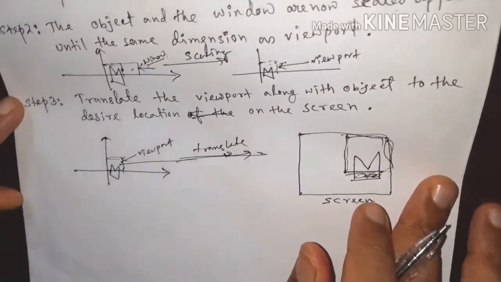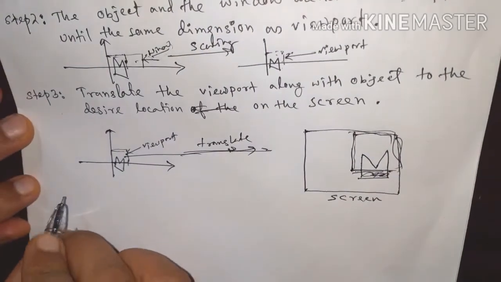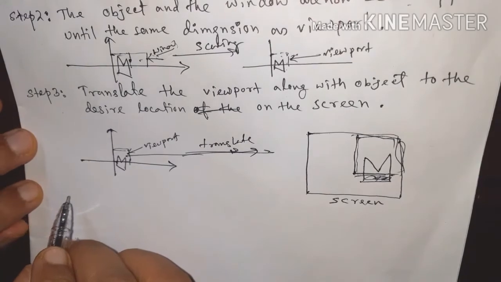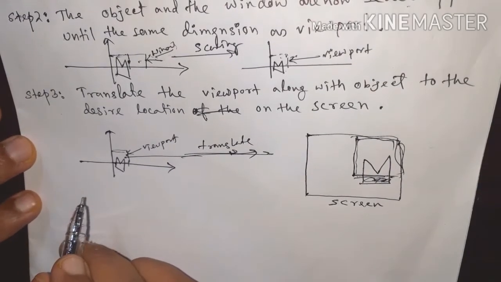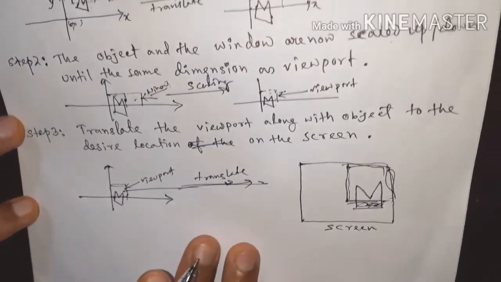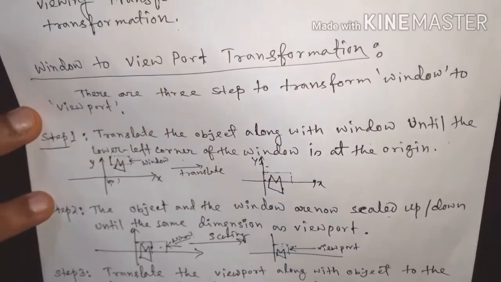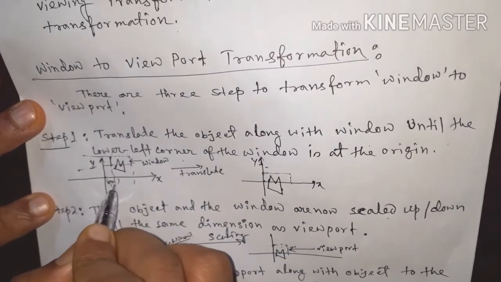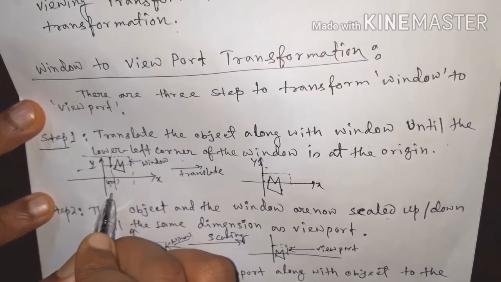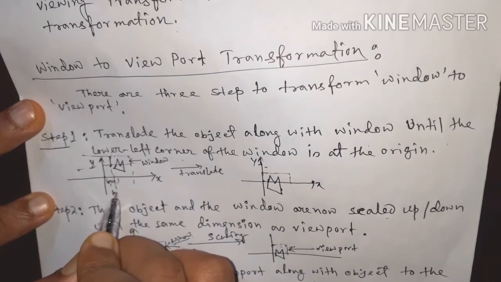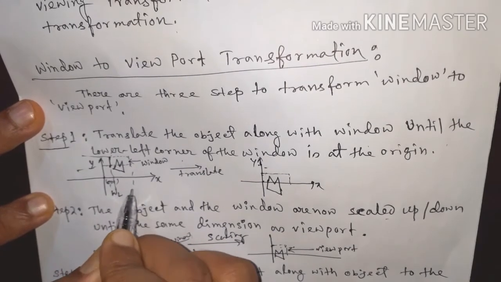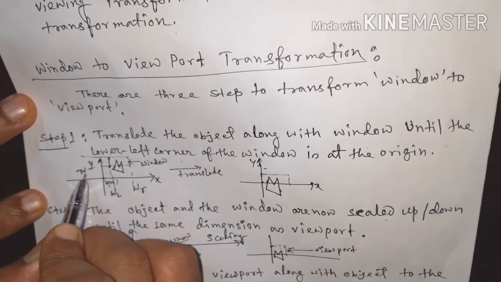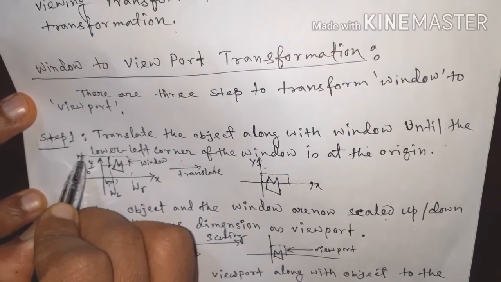Now to do this, first the translation operation. To translate an object, we know the translation matrix. Here I consider the lower left corner of the window: WL window left, WR window right, WB window bottom, WT window top.